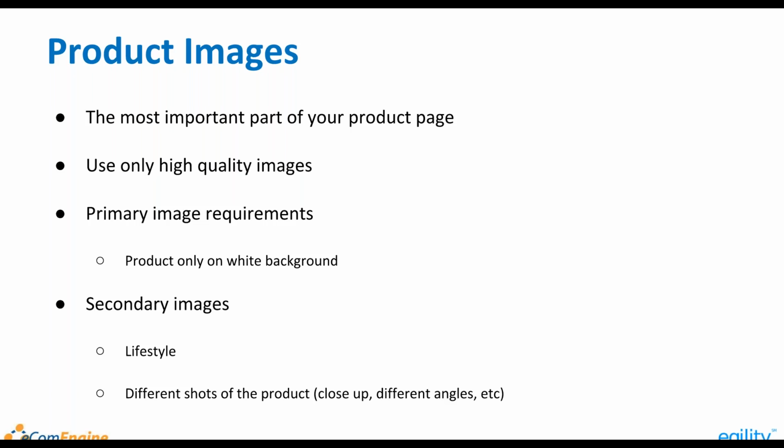If it's clothing, you'll want a picture of it on a model. You want a picture of perhaps them doing different activities in it, especially for athletic wear. Maybe riding a bike, but get creative here and try to pull them in and catch their attention. And you've got 9 slots for your images.